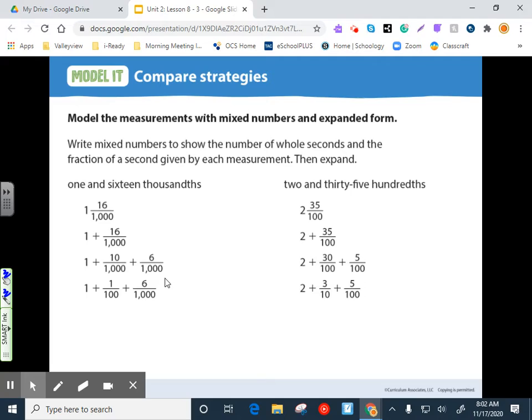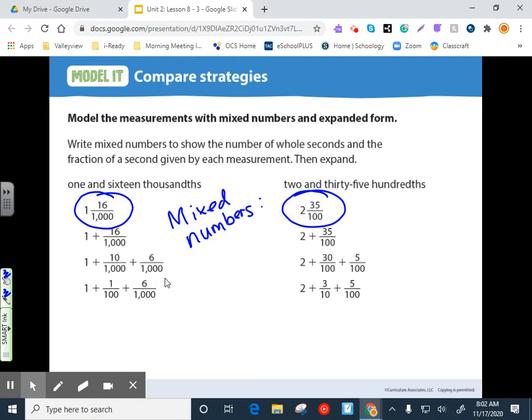All right. Looking at this page, it talks about modeling the measurements with mixed numbers in expanded form. I just want to briefly look at this, and I want you to circle these two fractions here at the very top. Mixed numbers are things we're going to see a lot of once we move over to fractions.